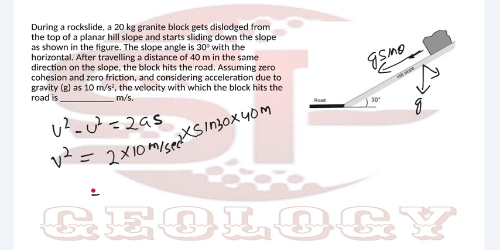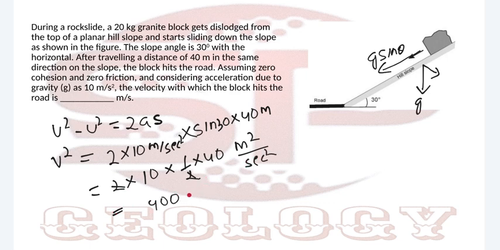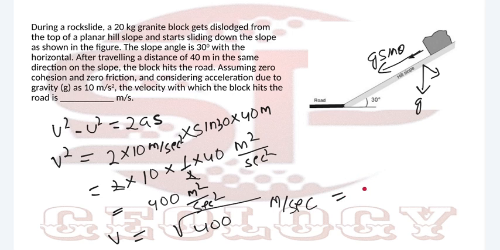So 2 into 10 into 1 by 2 into 40. The 2 will be cancelled, giving 400 meter square per second square. So V will be the root of 400, which is 20 meter per second.